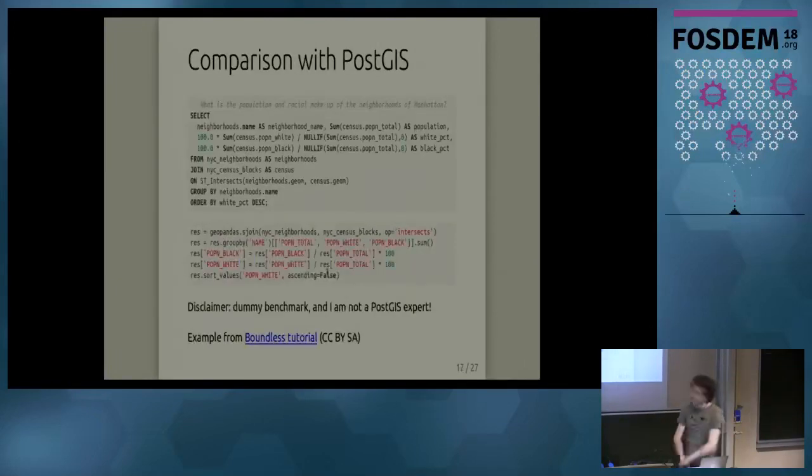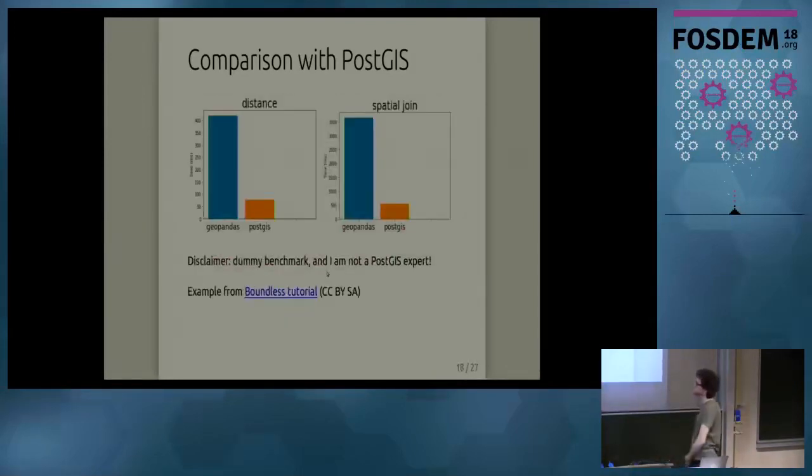But to give you some more of an idea, I did a comparison with PostGIS. You don't have to go into the detail of the spatial join; it's an example from the Boundless tutorial. I have to say I'm not a PostGIS expert, so I don't know if it's an optimized query or if my system was optimized. But anyhow, it shows that PostGIS is a lot faster than GeoPandas, while it's actually based on the same library under the hood.